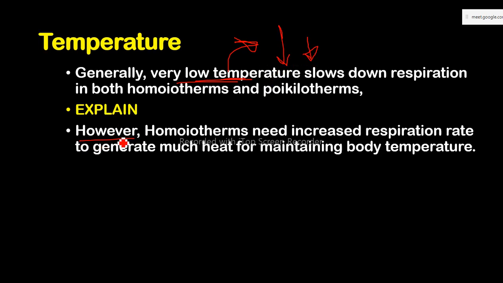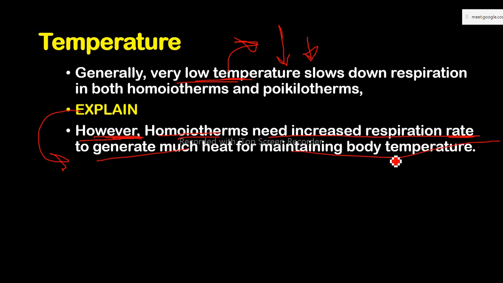Now, however, for homoeothermic organisms, the warm-blooded organisms, you produce hormones that do increase the rate of respiration. In warm-blooded animals, there is a need to increase the rate of respiration to generate enough heat for maintaining the body temperature constant.